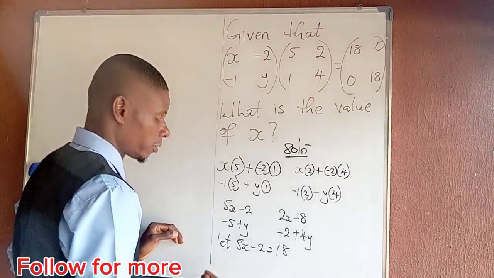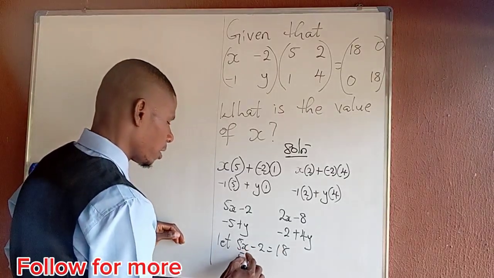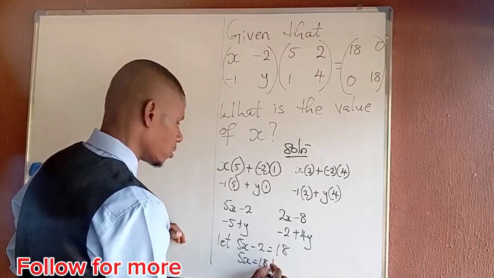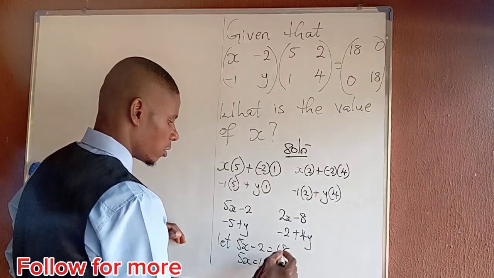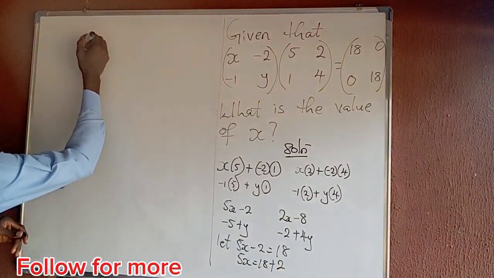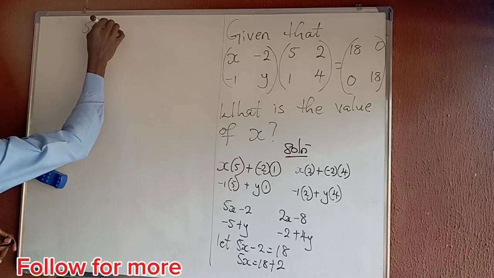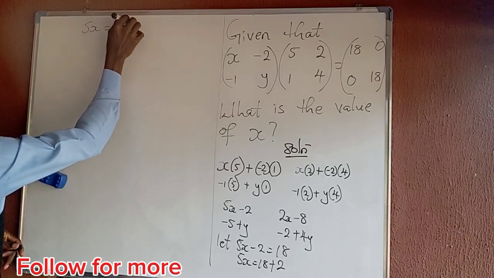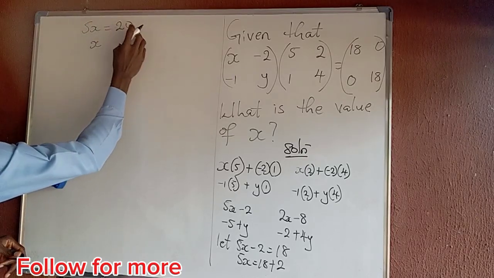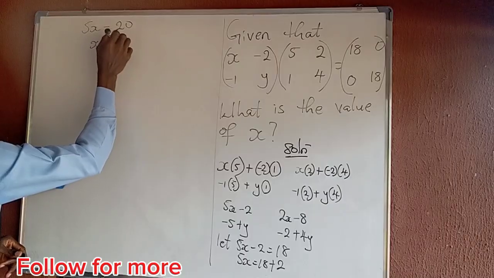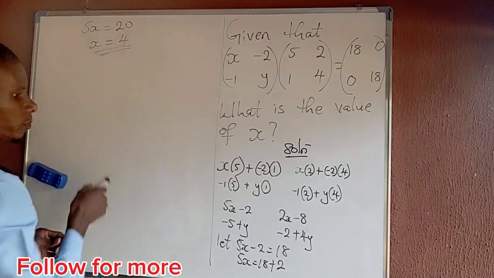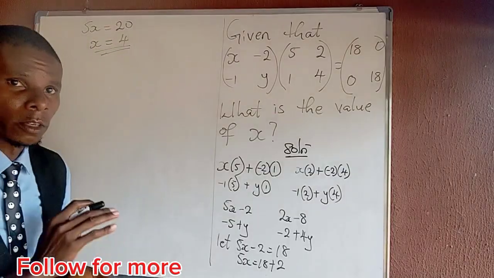So let's find the value of x from here. So this will be 5x equals 18 plus 2. All right, so let's switch to this side. So 5x equals, 18 plus 2 is 20. When we divide both sides by 5, we'll have x equals 4. Okay, x equals 4 in the first one.